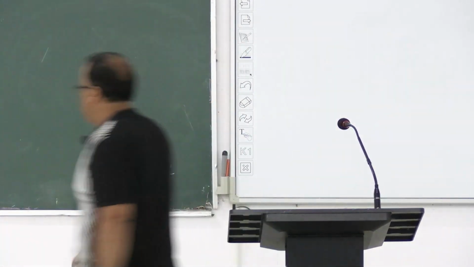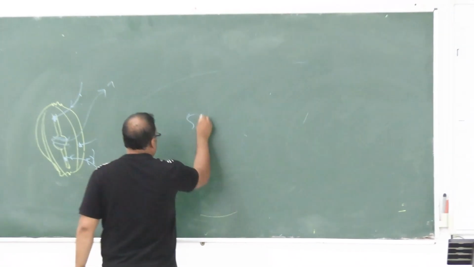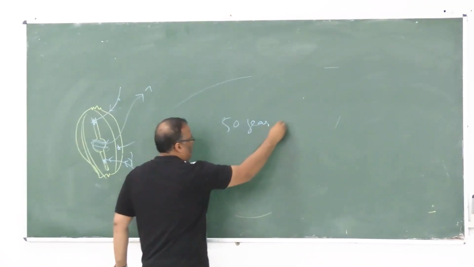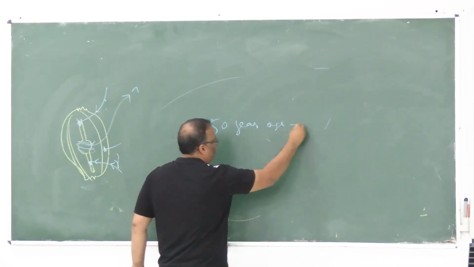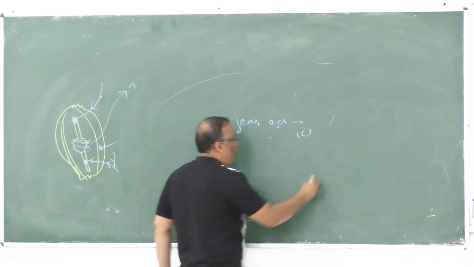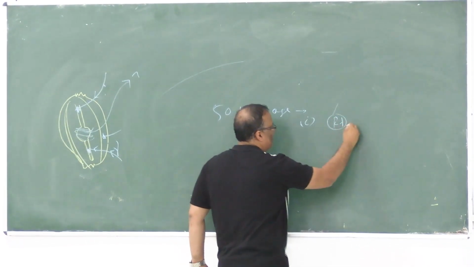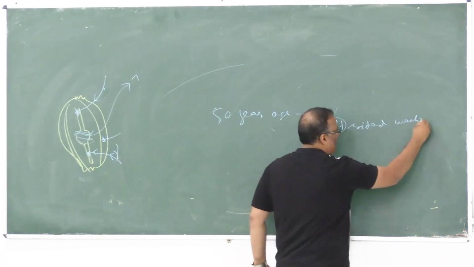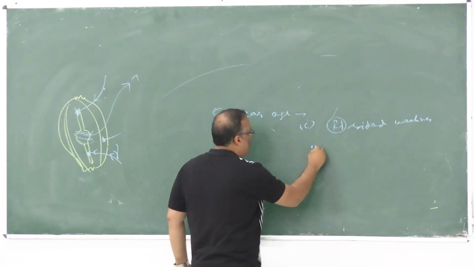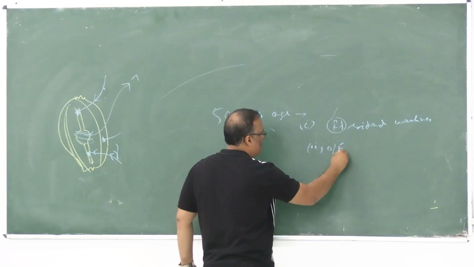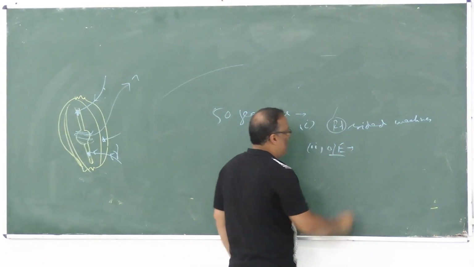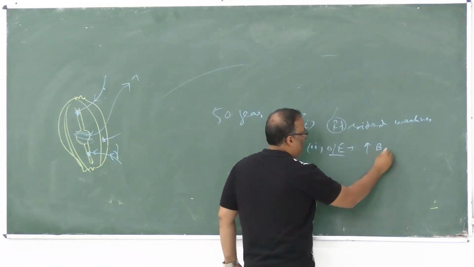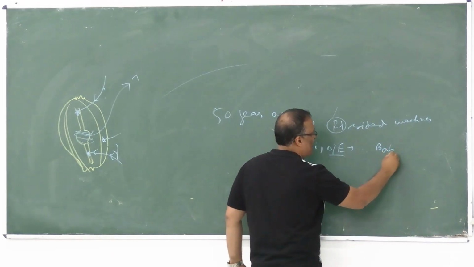and your emergency cases. Suppose a patient comes with 50 years of age, right? 50 years of age, having complaint of right-sided weakness, and on examination, I am finding increased Babinski sign, that is Babinski sign positive.